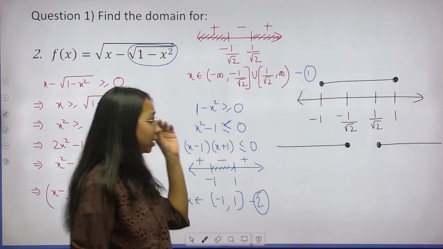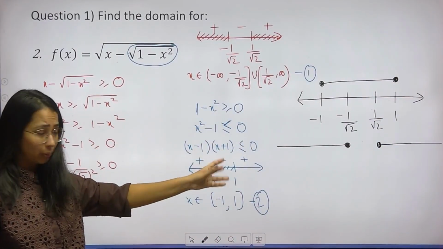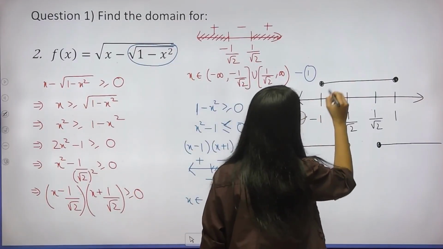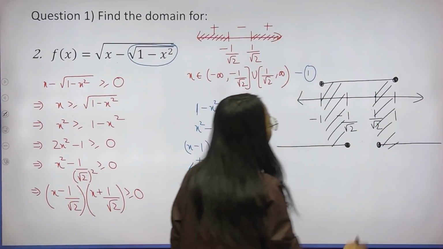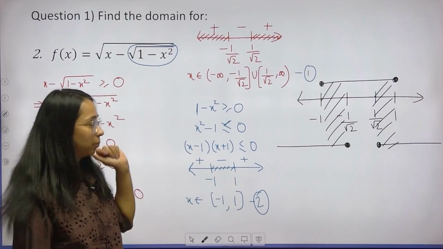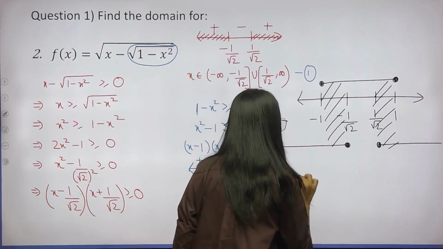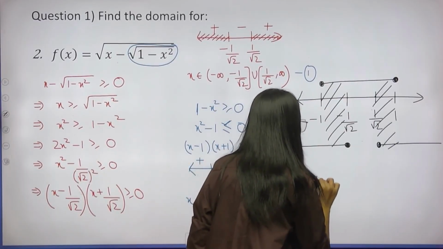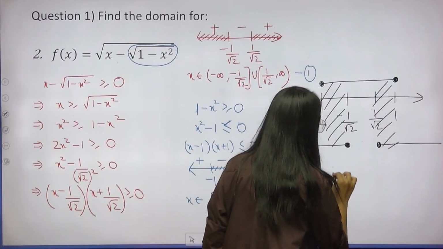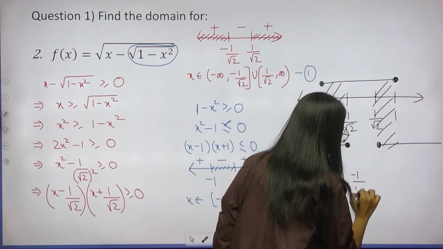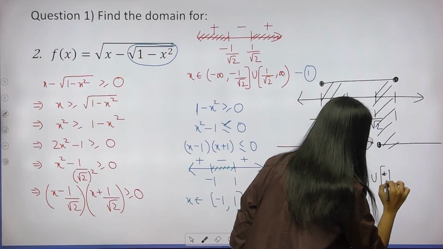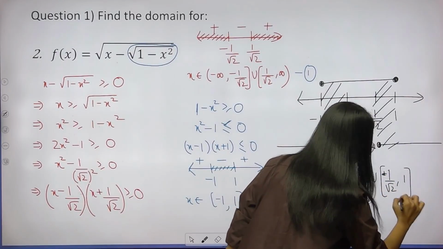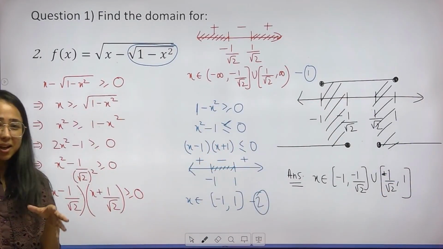And we need the common portion of the two. Okay, we need the intersection. So it will be this and this. So our final answer will be x belongs to minus 1 till minus 1 by root 2 union 1 by root 2 till 1.